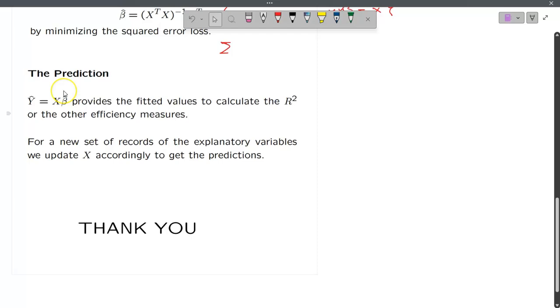X is the coefficient matrix, beta hat is the estimated parameters, and given the data, we predict y as y hat equal to X beta hat, which provides the fitted values to calculate the R square or other efficiency measures, to find the performance of my model. For a new set of records of the explanatory variables, we update X accordingly to get the prediction.